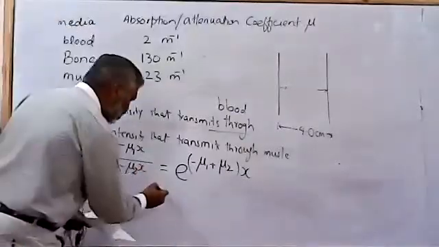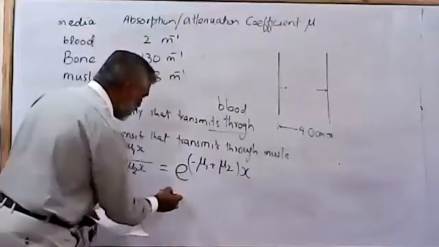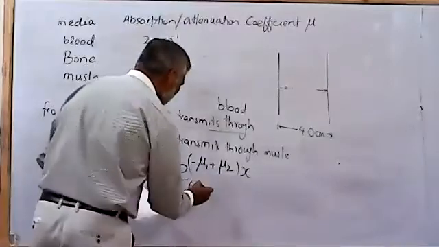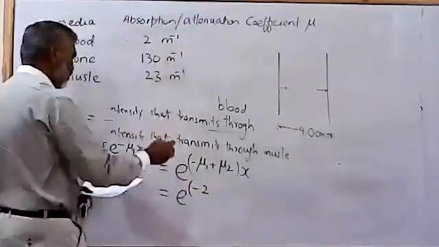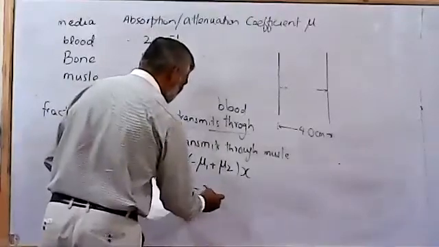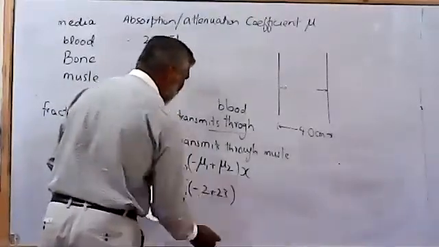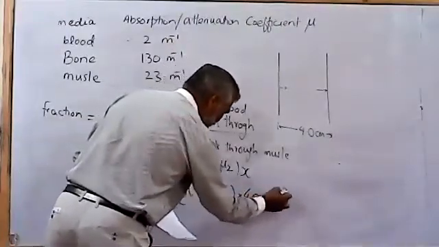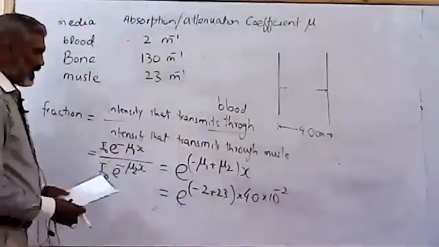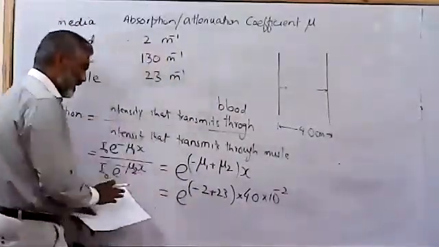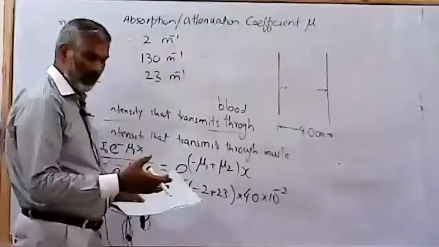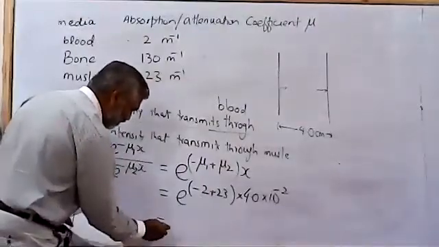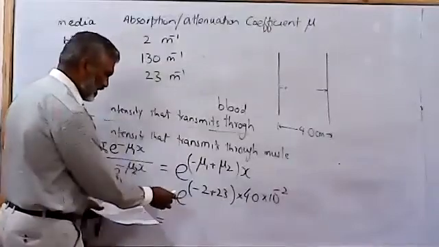So I use the values given in the data: e to the power minus 2, because for blood it is 2 and for muscle it is 23, so plus 23, and x is 4 centimeter, so multiplied by 4 into 10 to the power minus 2. When I use the same technique, I shift the mode and then I see a function on the screen which is usually with the natural log.